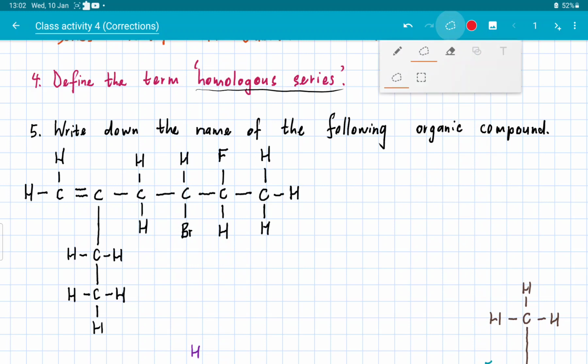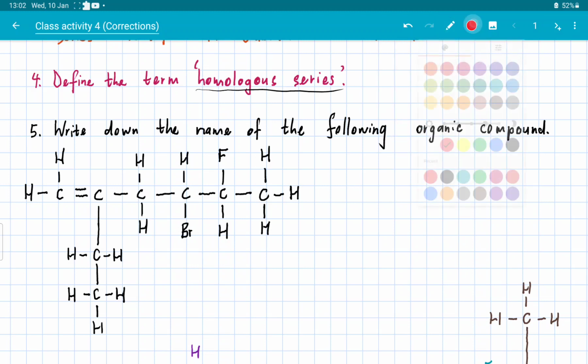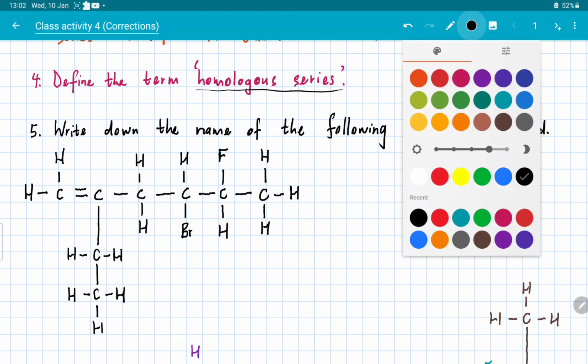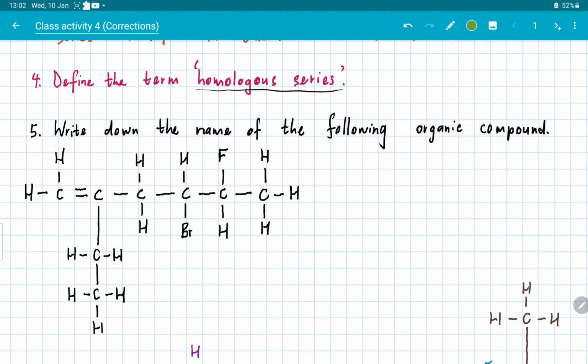In order for us to name it, if you remember the rules: rule 1, identify the functional group. Then rule 2, when you number, identify the longest continuous chain containing the functional group.